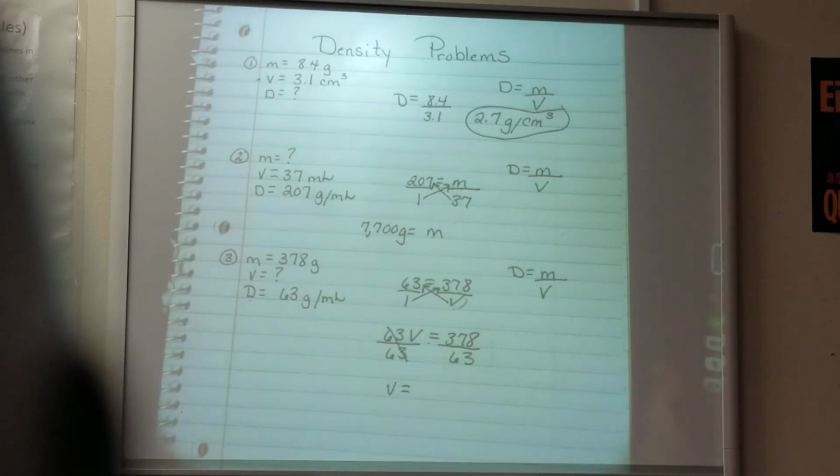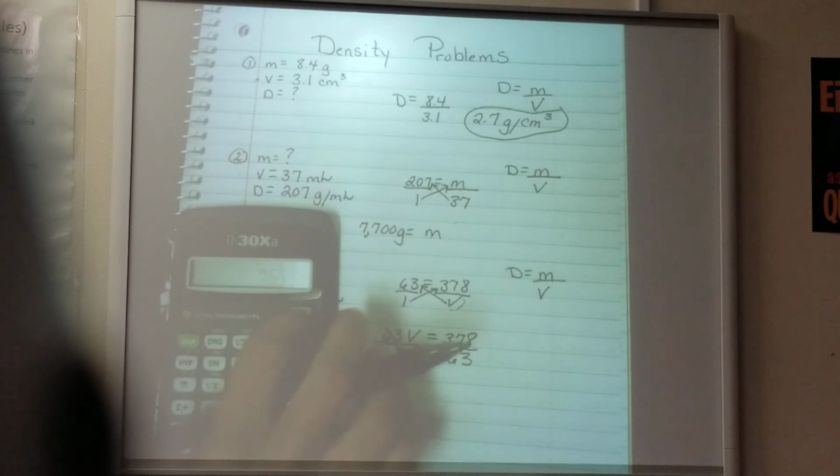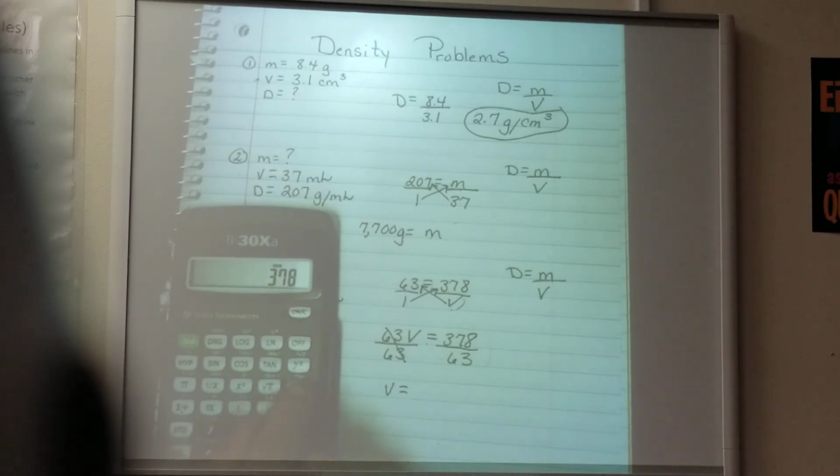All right, and plug that into your calculator. 378 divided by 63, okay, is 6. But now, pay attention, because you need 2 sig figs though, okay? So I'm going to write 6, all right, but it's exactly 6.